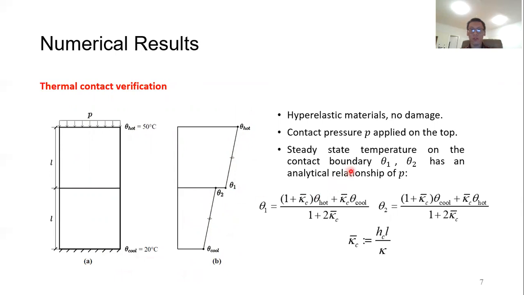The steady state temperature theta 1 and theta 2 is actually a function of P. So we have this analytical relationship.